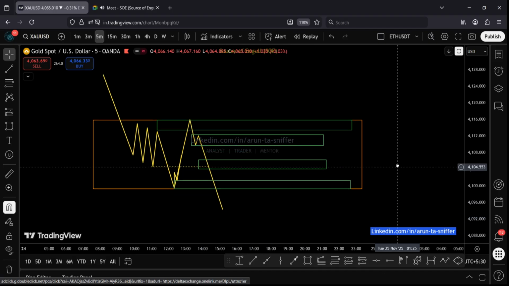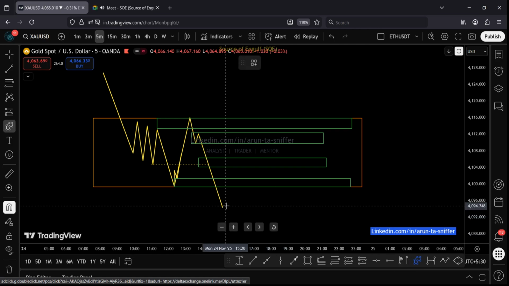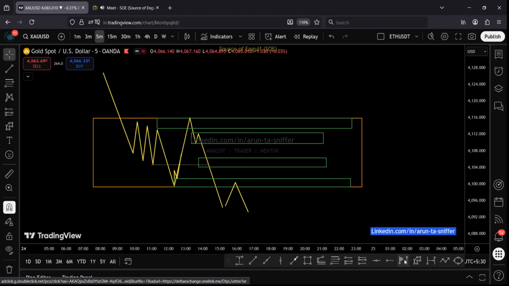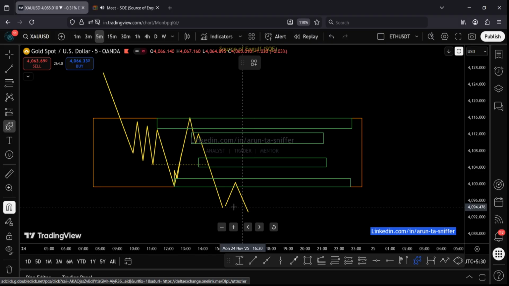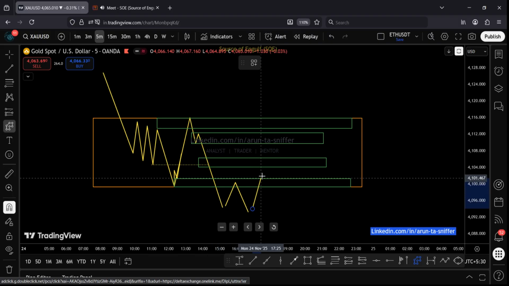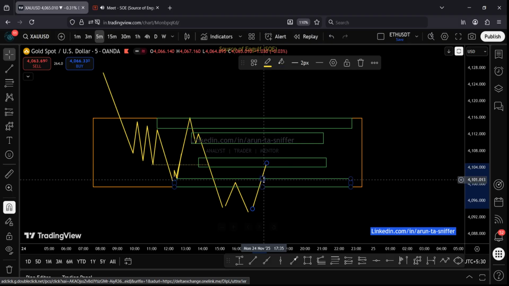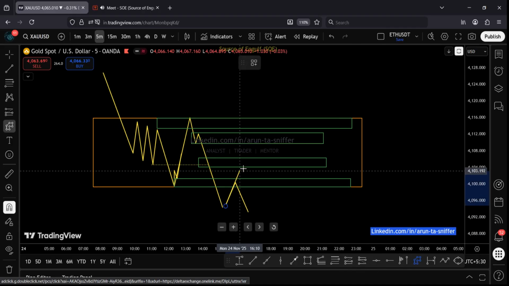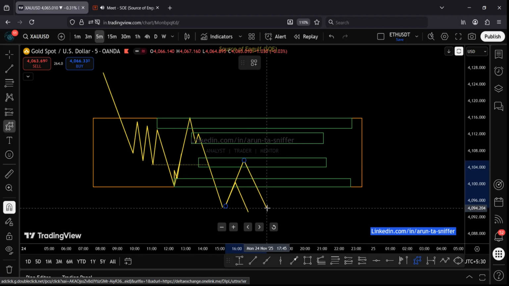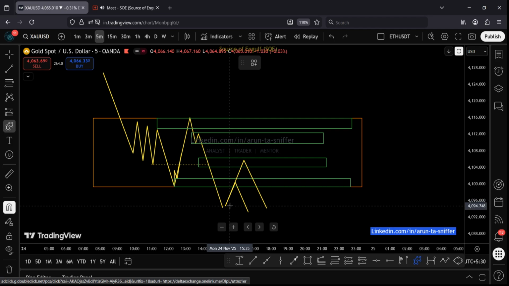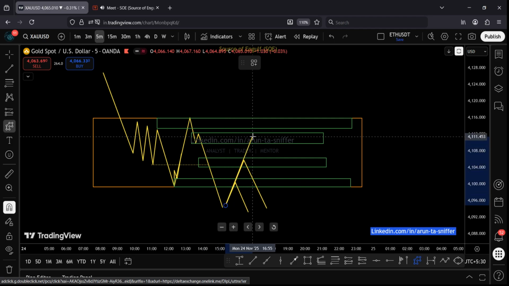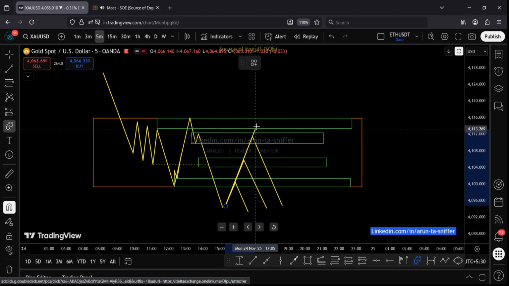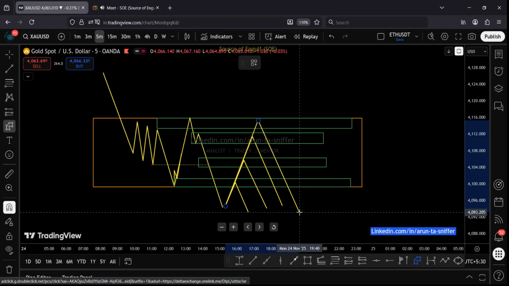So price may go up like this and may react from here, okay, or this may go like this, let's delete this, or this may go like this and may react from here like this, may react from here, okay, also may react from here.